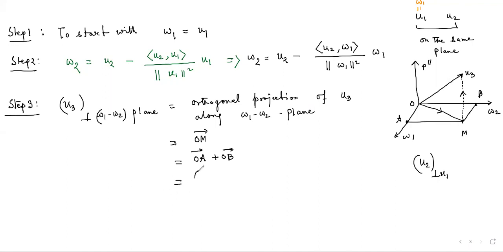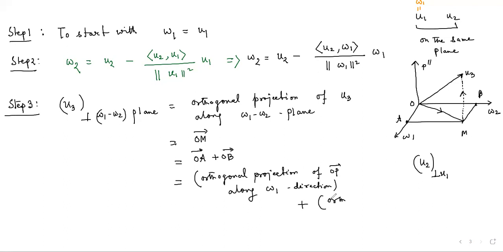The OA vector is the orthogonal projection of OP along the W1 direction, plus the orthogonal projection of OP along the W2 direction.